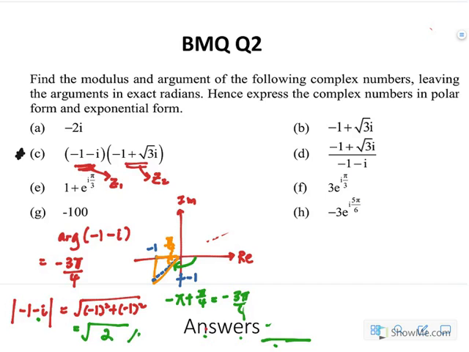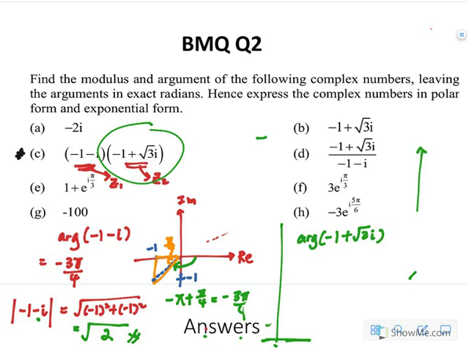Alright, how about the other side? Let's look at Z2. The argument of -1 plus square root 3i. Very quickly, we need to just draw it out on the Argand diagram. -1, square root 3i.